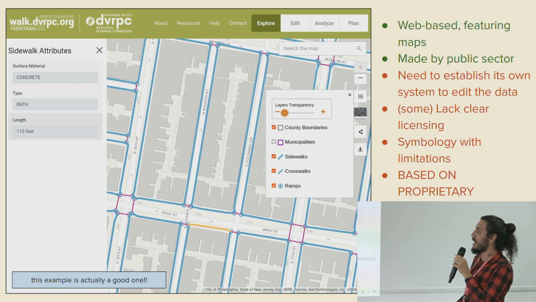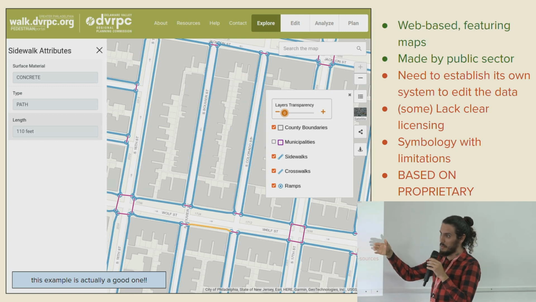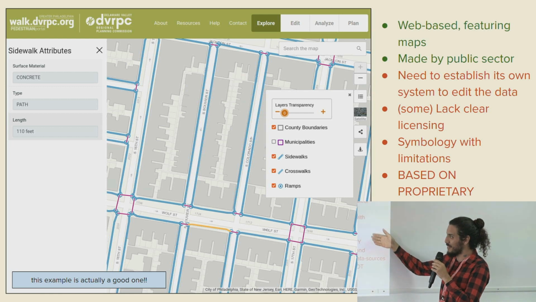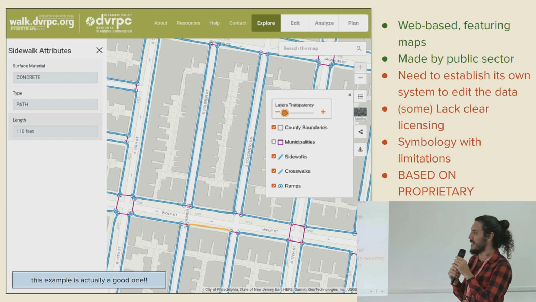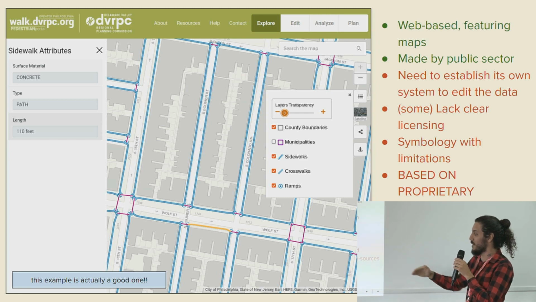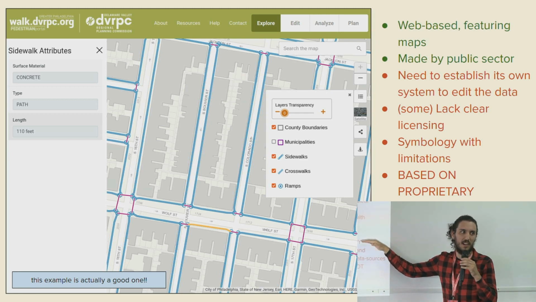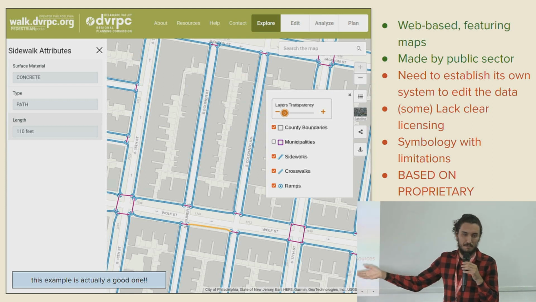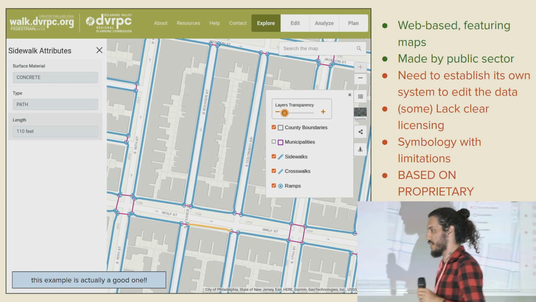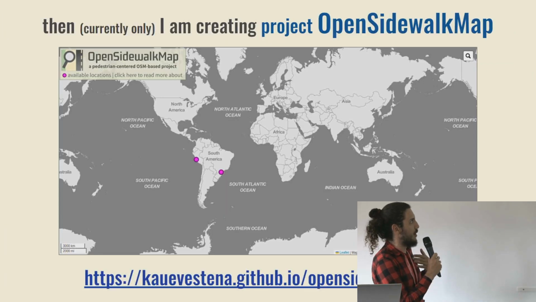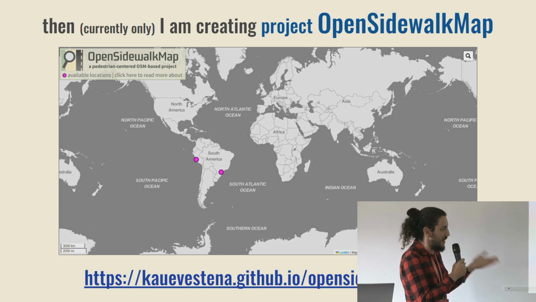The major problem in this context is that they are generally all based on proprietary software, like Esri, and sometimes the data source is proprietary as well. And generally they are not replicable. So currently I'm creating Opensidewalkmap.